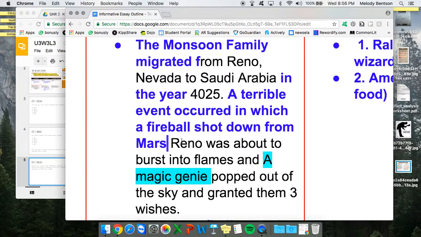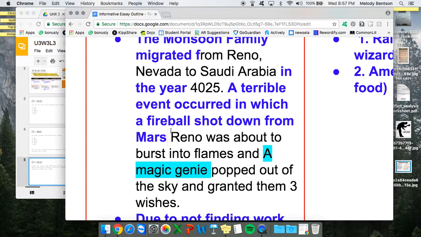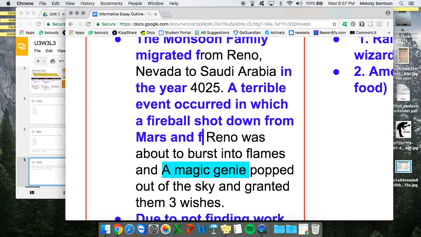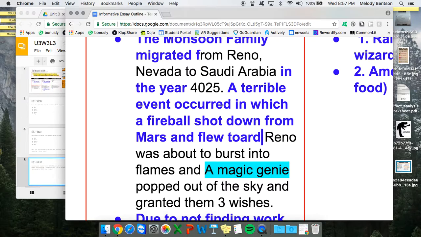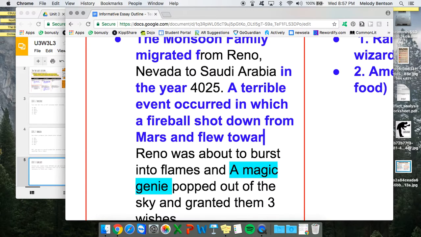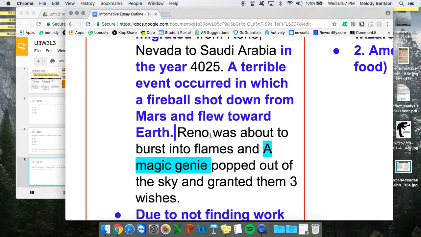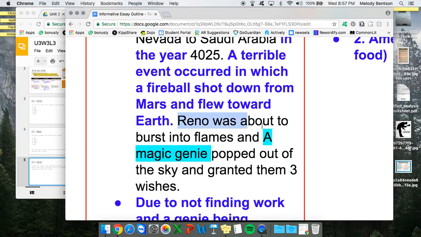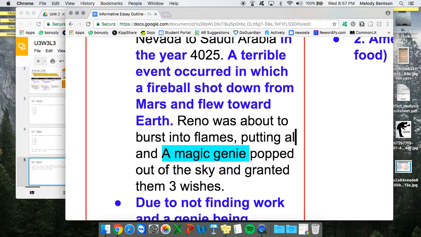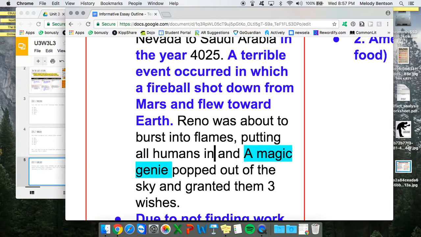Well, I am, but I learned it in my source. And flew toward Earth. Notice I'm also just making my writing a little bit more interesting to read. Reno was about to burst into flames, putting all humans in danger.